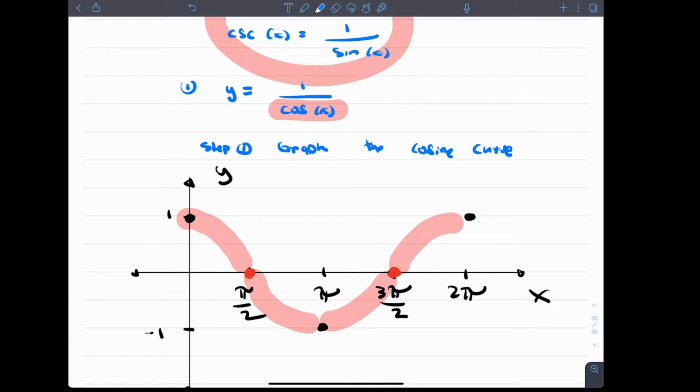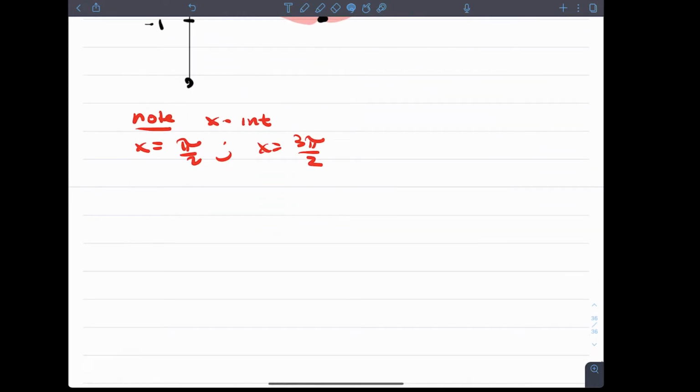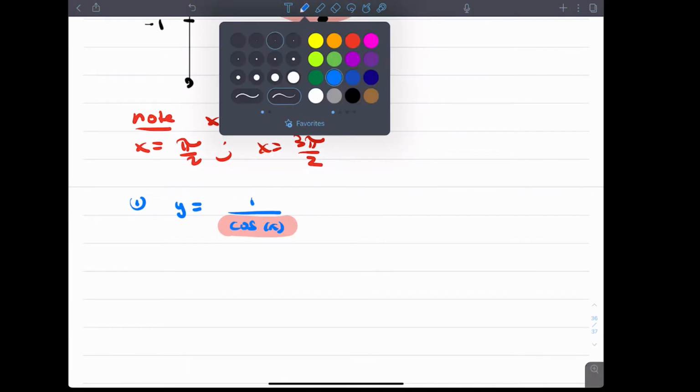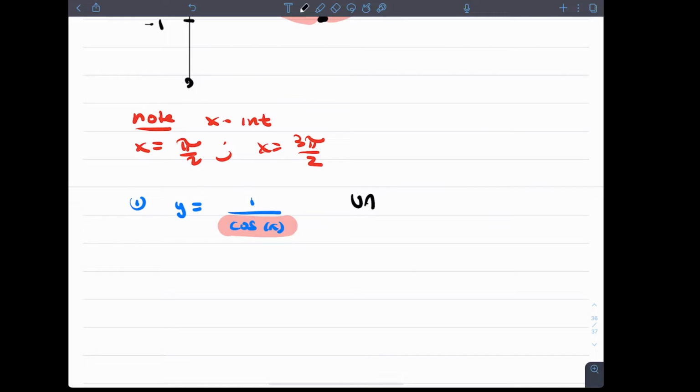So I'm going to bring this down here. Anybody know about vertical asymptotes? Right? You have a rational function. You got these things called vertical asymptotes. Vertical asymptotes is where your denominator equals 0.